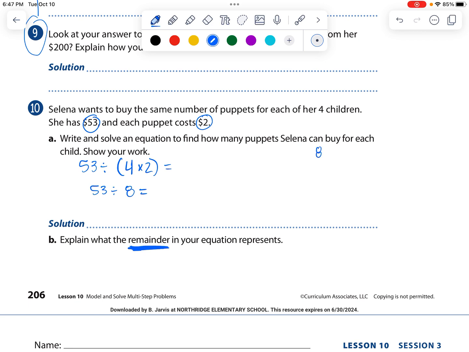So 8, 16. So this would be each child. Oh, actually, let's make a table. Okay. So number of puppets each child gets.